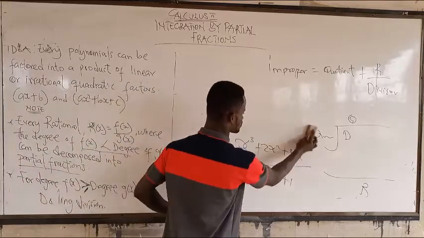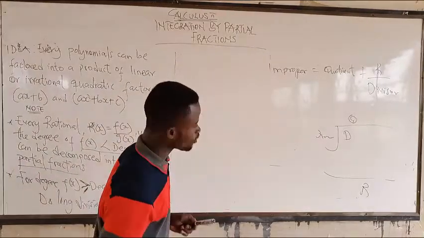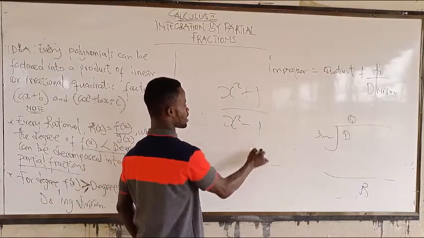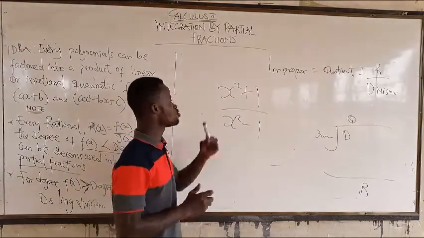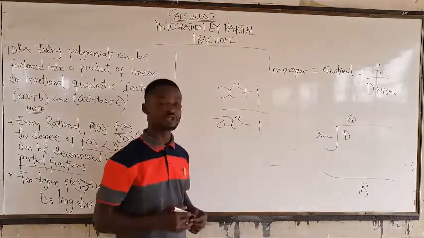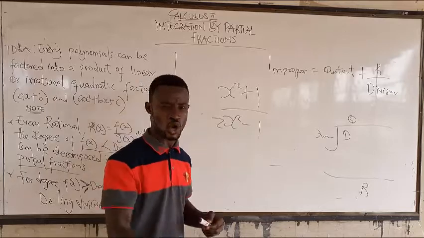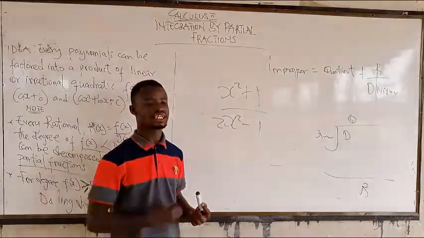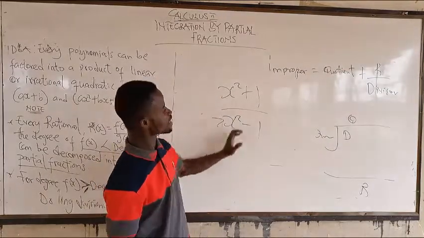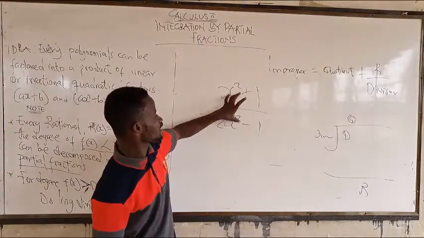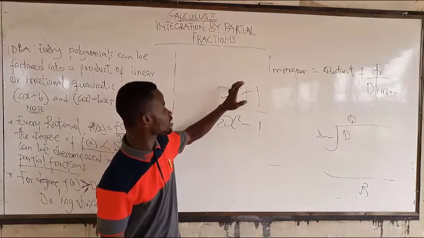For example, if you have x squared plus 1 over x squared minus 1, then the power of the numerator is the same as the power of the denominator, even if we have 2 here or not. Our focus is the degree. Our focus is the higher one, degree. And such a case is still improper, even though the degrees are the same.